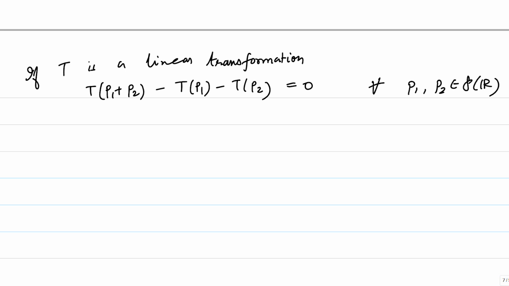For all polynomials, the additive property is getting satisfied. Similarly, the scalar property is satisfied. Let's focus on the additive property itself. What is this going to manifest as?